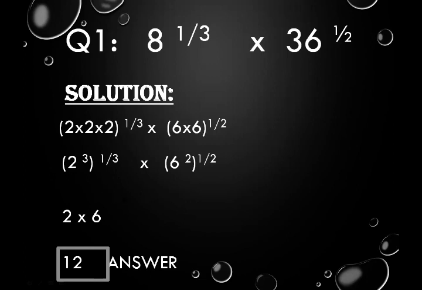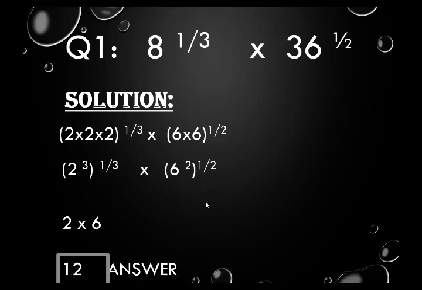When we have power to power, one of the laws says that whenever we have this type of situation, both exponents will multiply. Recall your memory about the laws of exponents. So 3 will multiply with 1 over 3. What happened? Good. Both 3s will cancel out and 2 remains as the base. Multiply by 6 to the power 2.